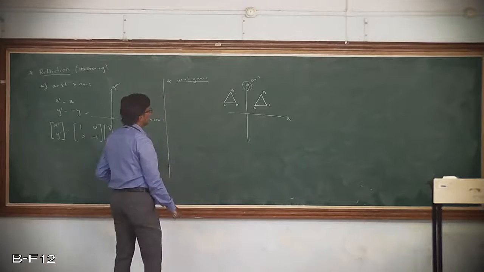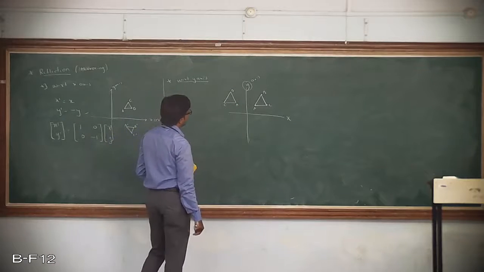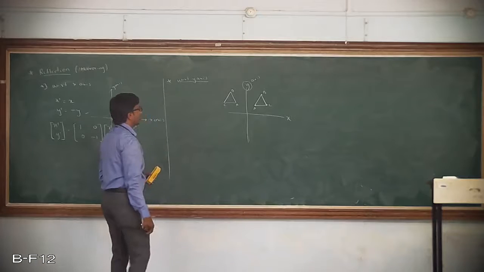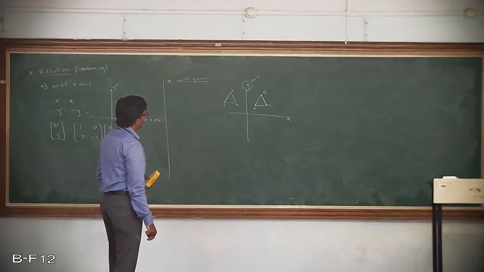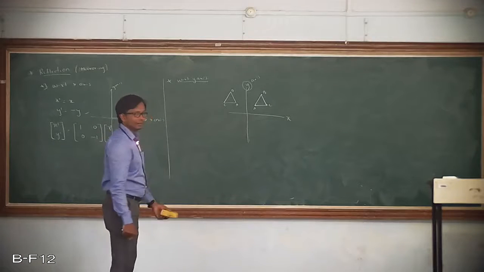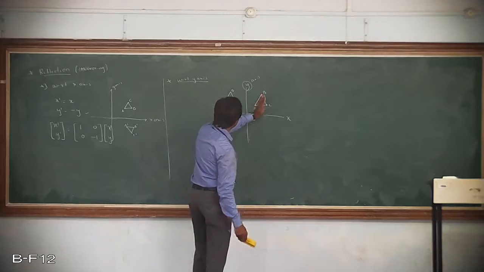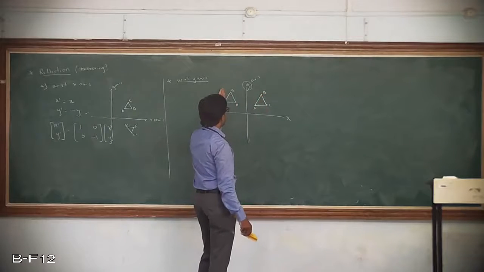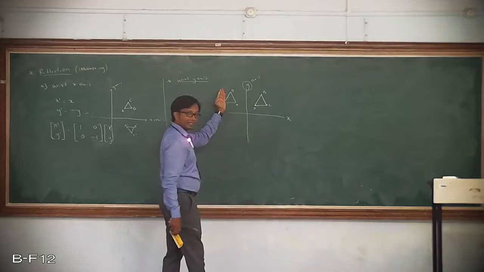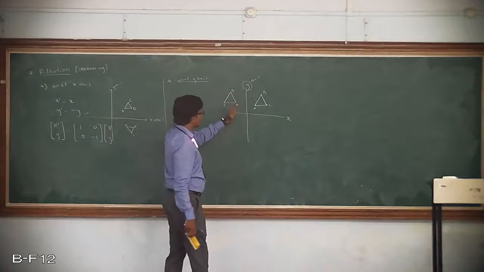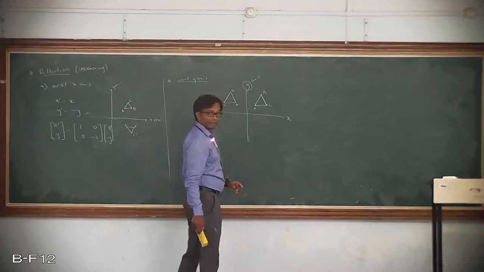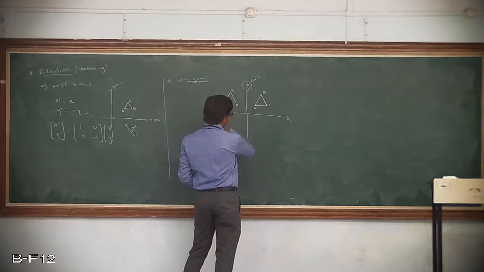Okay, CAB. So what exactly is happening here in this particular case? If you observe, it is the reverse of x-axis reflection. See here, when a reflection is taking place from this point to this point, the y coordinate remains as it is and x changes to negative x-axis. It is shifted to a negative x-axis.